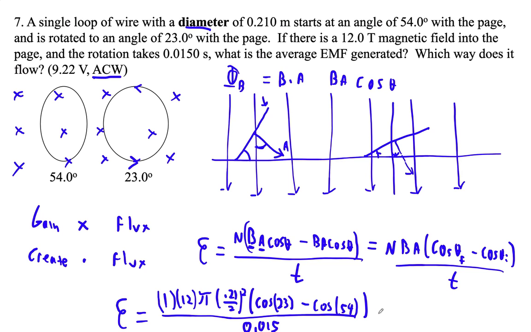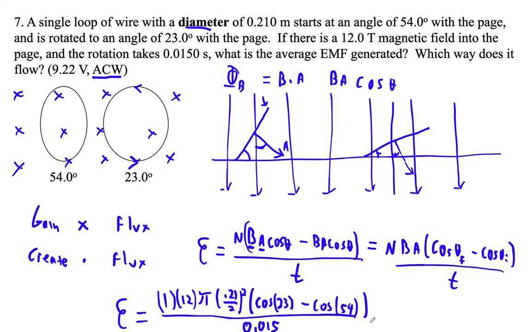Let's try it. Okay, I'm going to actually use the fraction thing here. So 1 times 12 times pi times parentheses 0.21 divided by 2 squared times parentheses cos 23. Quick check. Am I in degrees? Yes, I am.